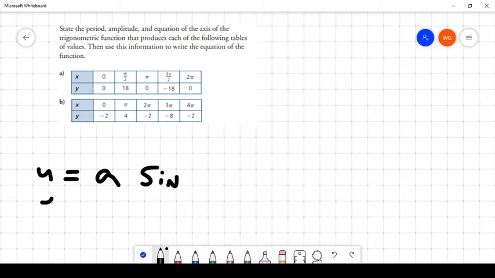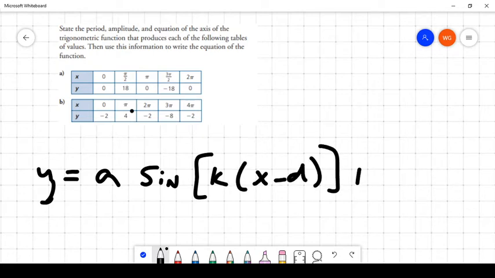In this case, we'll just use sine, although it is possible to generate a cos equation from this as well, but let's not go there yet. So y equals a sine(kx minus d) plus c, okay?